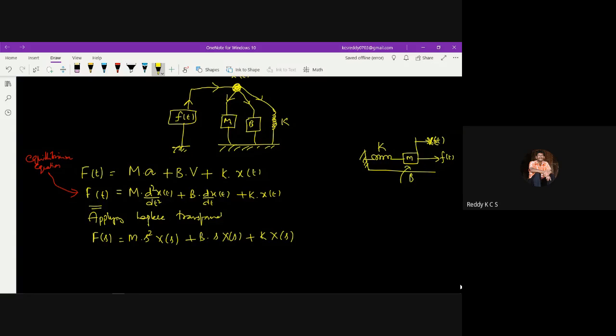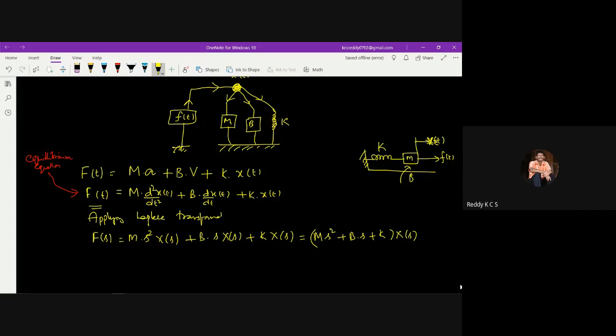This is what we can say in the Laplace domain. Here X(s) is common, so I'll take it as (m s² plus b s plus k) into X(s).